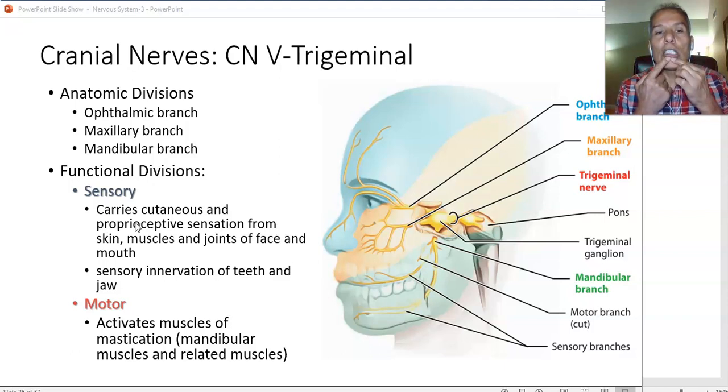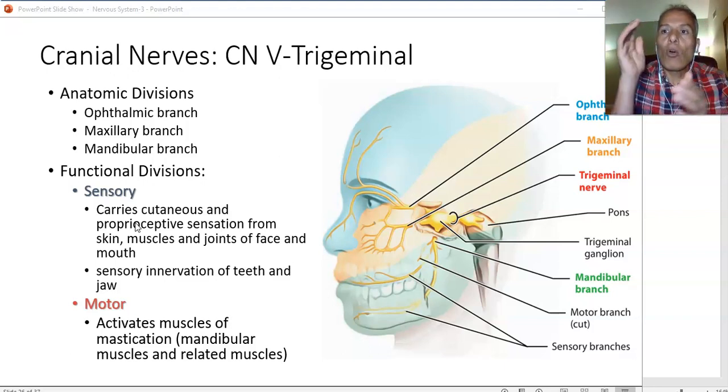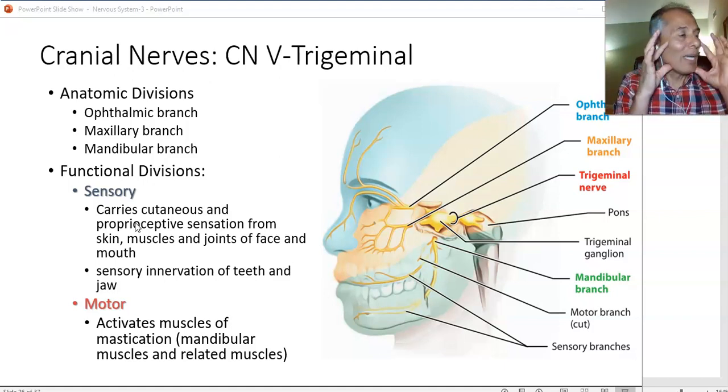So it tells you basically what the muscle is doing. Proprioceptive feedback or sensation comes from the muscles, and to tell you what the muscle is actually doing. Or the joint, for example, like here, my jaw, as I go, ee.